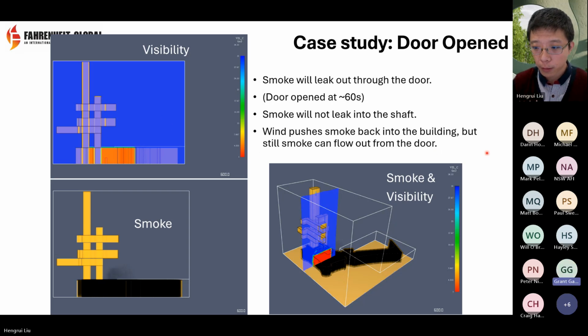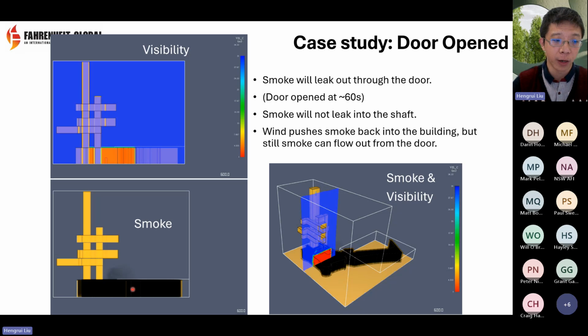Sorry to interrupt. Just at this moment, would you be able to describe once again the difference between visibility and smoke? Okay, that's a very good question. Smoke is soot density, so we can visualize how badly the area is being occupied by smoke.